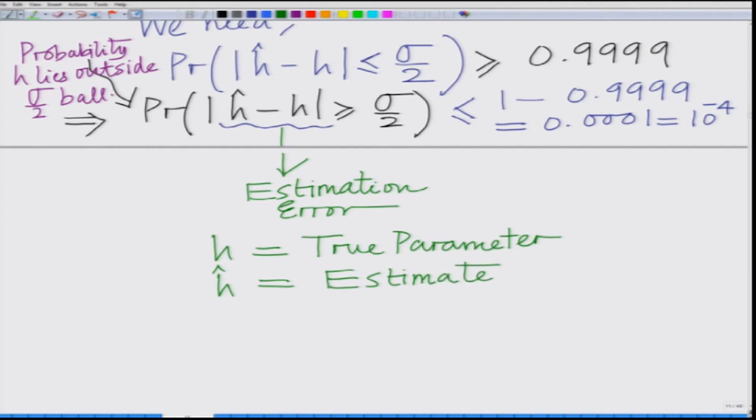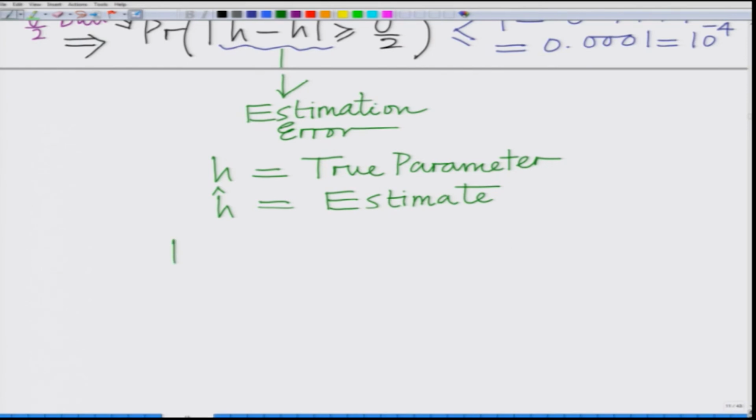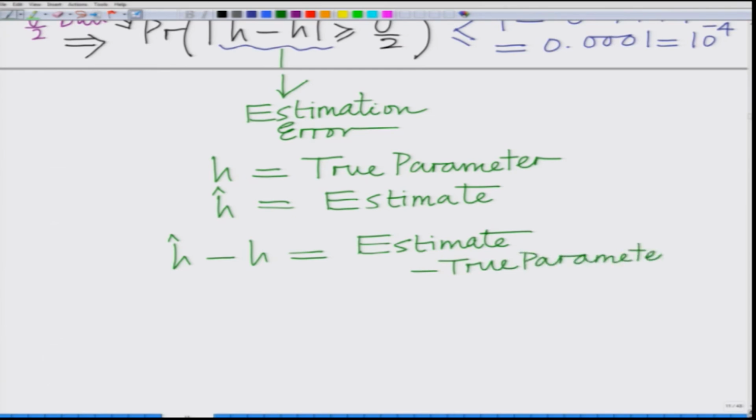So, we have h hat minus h, which equals estimate minus true parameter, and this is equal to W, which is the estimation error.